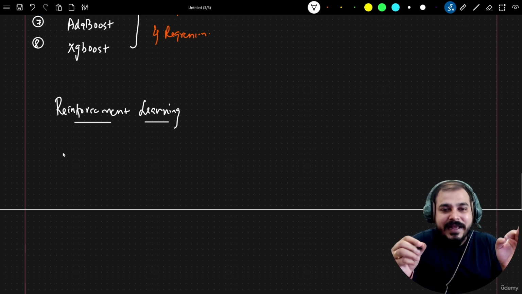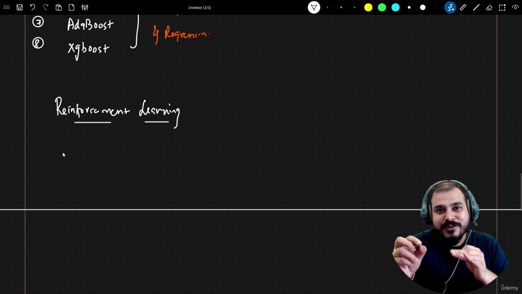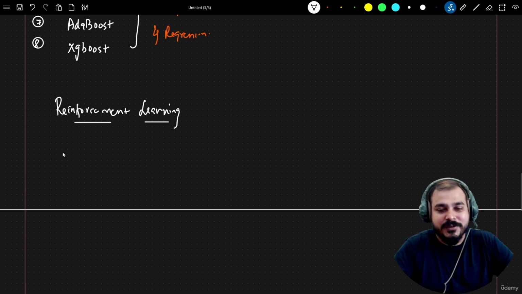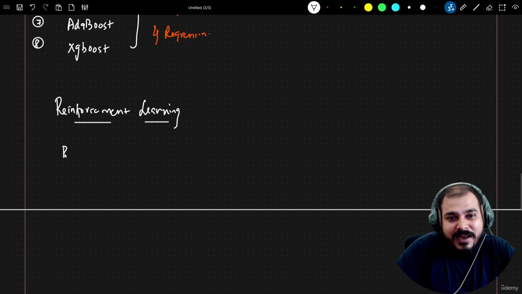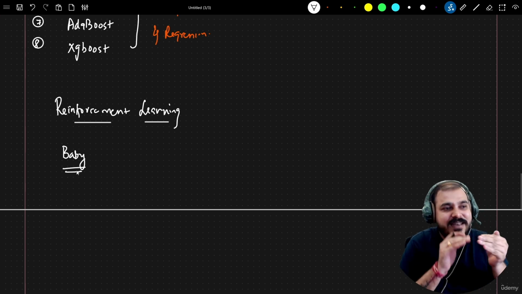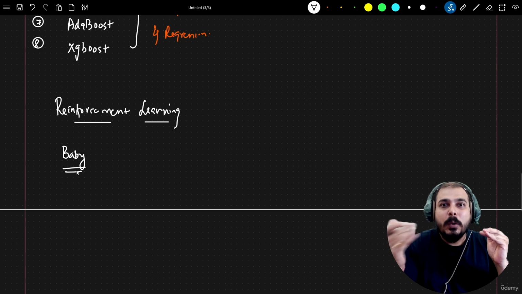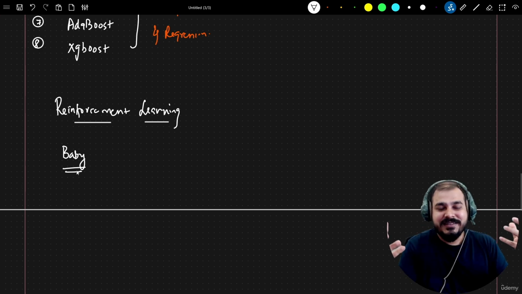The best example I can take for now, because we'll have a separate module for this, is a baby. You have seen a baby, right? When it is very small, it will not know anything, but as it keeps growing, it learns new things.